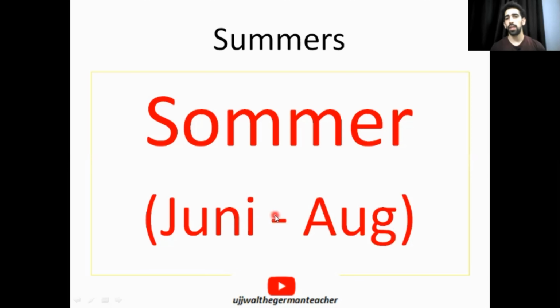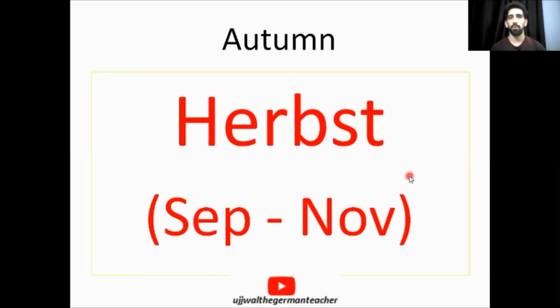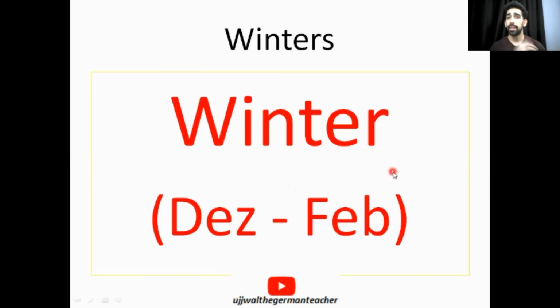Juni, Juli, August, 3 months, Sommer. Autumn, autumn is Herbst. September, October, November, 3 months, Herbst. And the last one is winters, my favorite one, winter. December, January, February, right? So all months are done, all seasons are done.